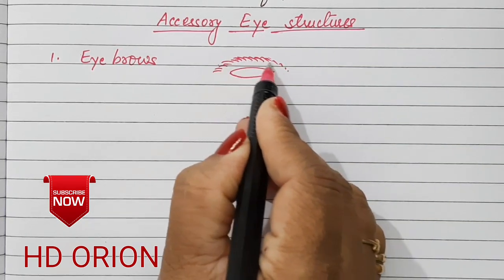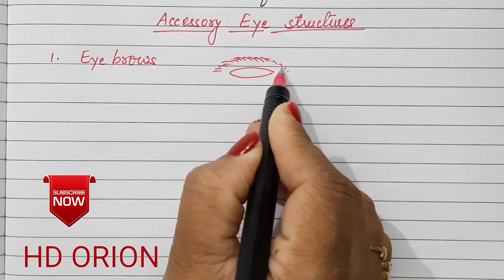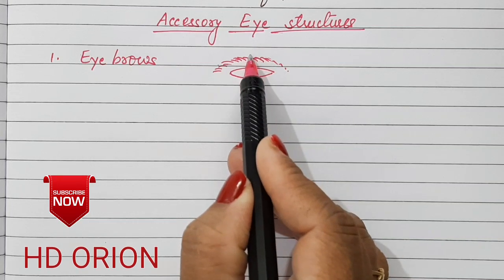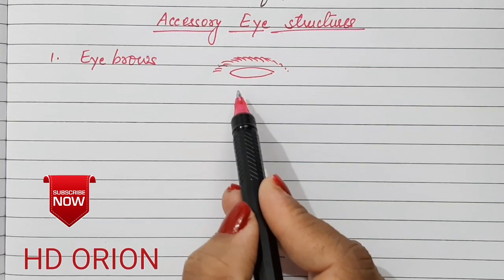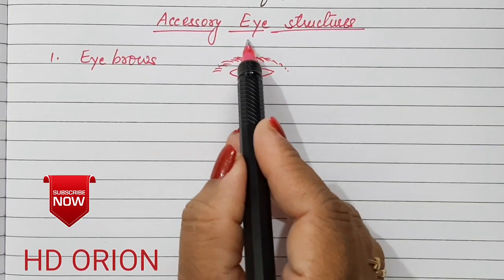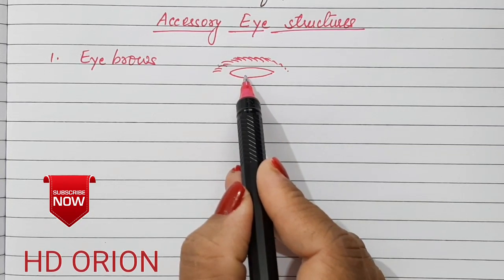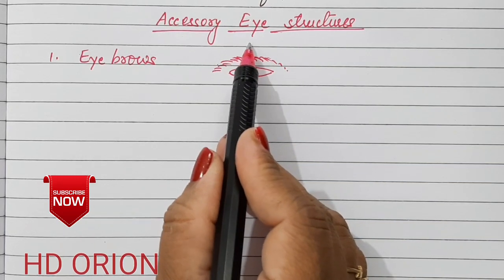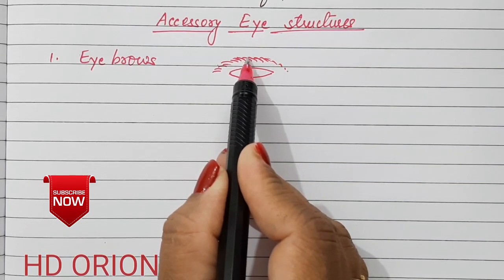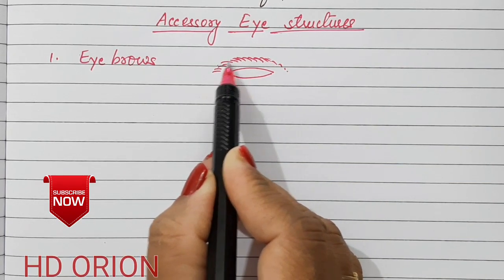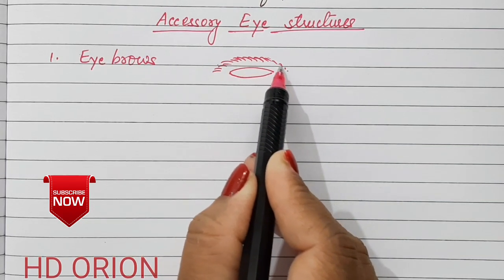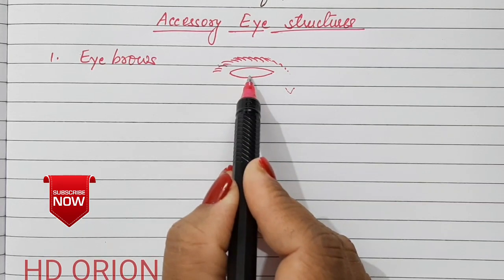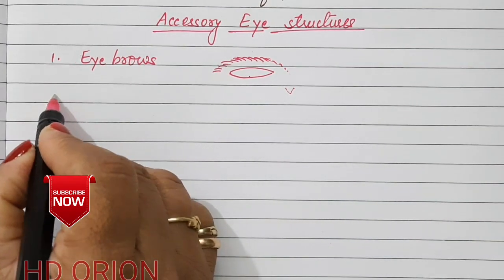The lateral growth, that is the sideways growth, is present in this manner, and these eyebrows never allow anything to fall from the head region, from the hair, like sweat or any sort of dust that may come from the forehead down into the eye. So eyebrows actually protect, and if you are walking outside and it is raining, the raindrops just move down along the eyebrows, so it prevents anything from falling into the eye.